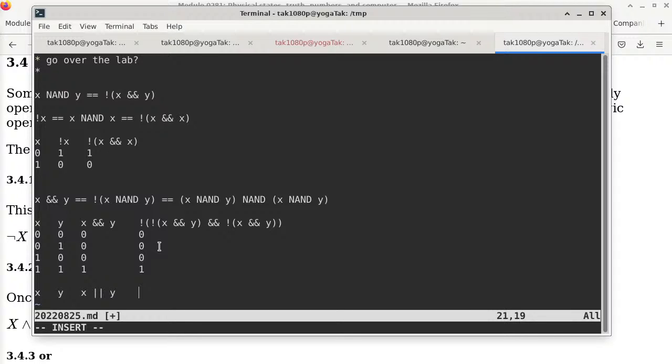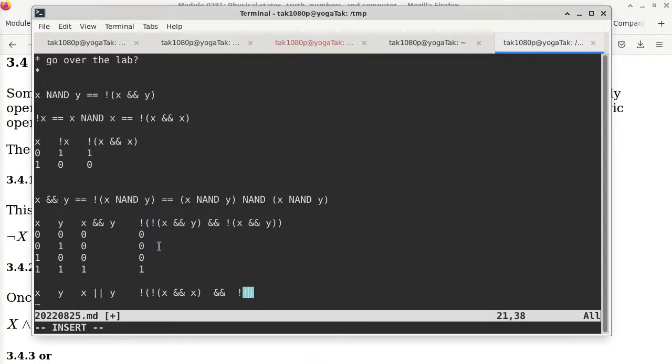I can talk about that a little bit more, but right now I'm just going to give you the answer. I think it's like not NAND X and then not NAND Y, and then not NANDing both of them. So it has the same structure as the other one, which means we have an overall NAND of the entire thing, and then it has x NAND x on one side, and y NAND y on the other side.